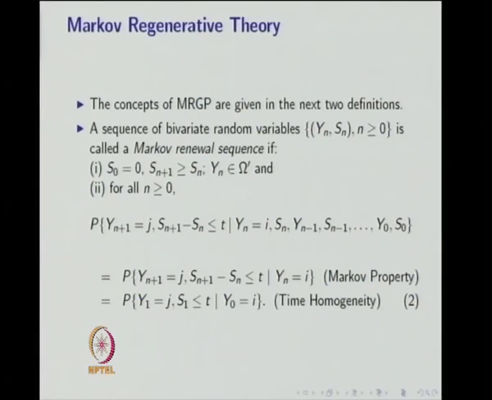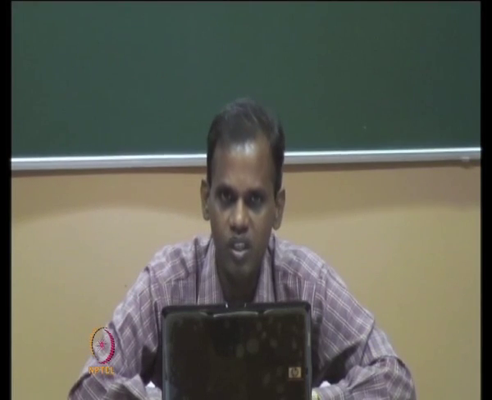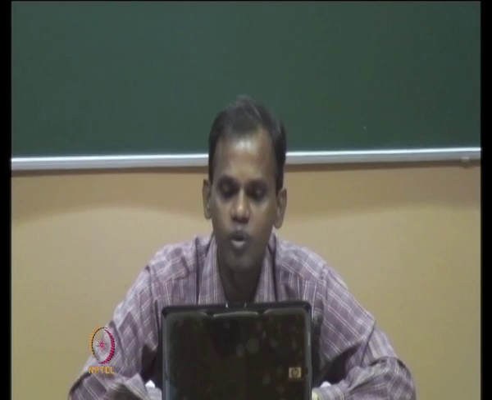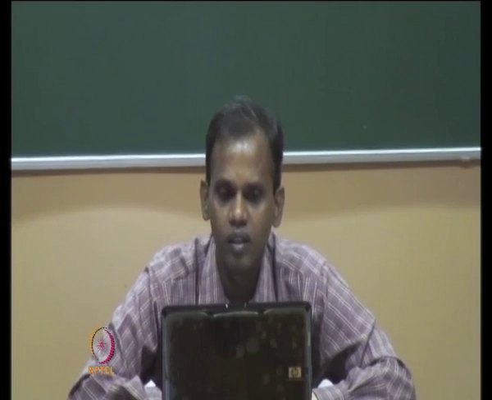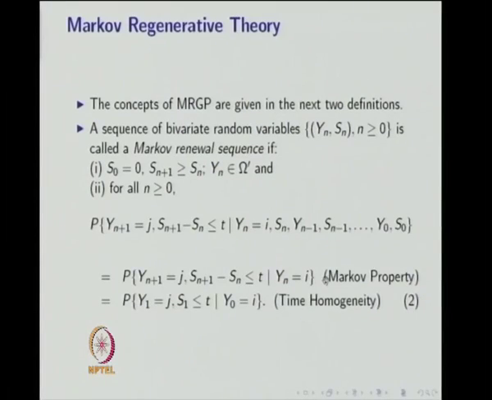So the conditional distribution depends on the current state, not the past history, including the time homogeneous property. That is the way we define the bivariate random variables (Yn, Sn) satisfying this property.